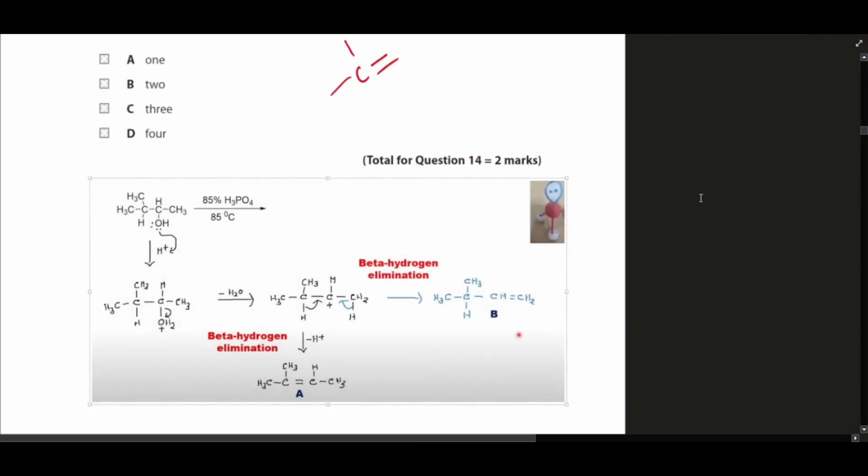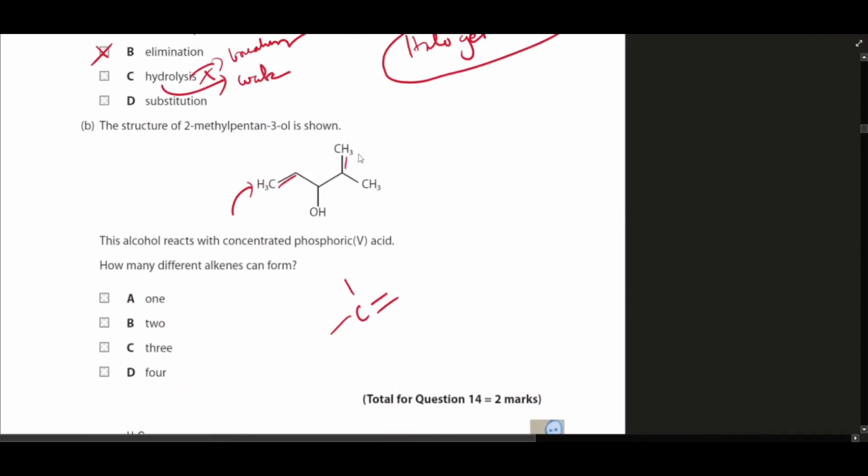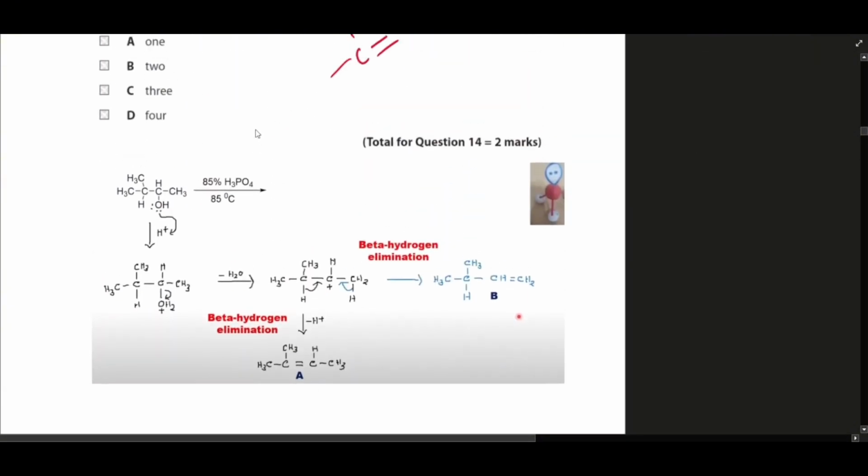Check this out. This is a classic example of the mechanism of how alkenes are produced. See, this is an alcohol, right? I believe it's something like this. You can see the same alcohol.